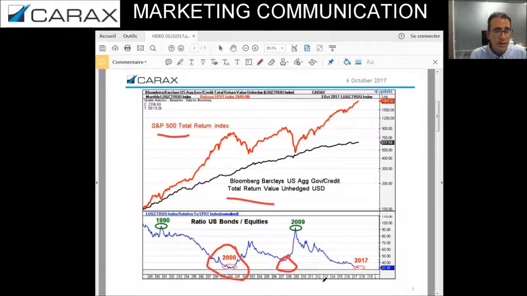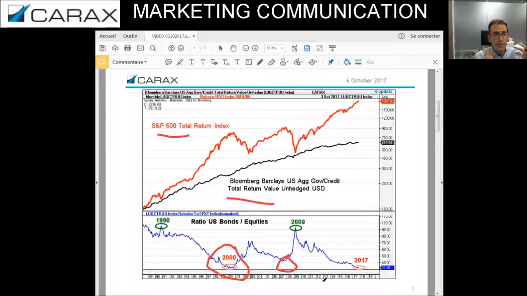So right now, the relative value of equities against bonds seems to be completely overstretched. It does not mean that we are close to having a huge reversal of this ratio, but at least it shows that the relative value of equities against bonds is extremely high.